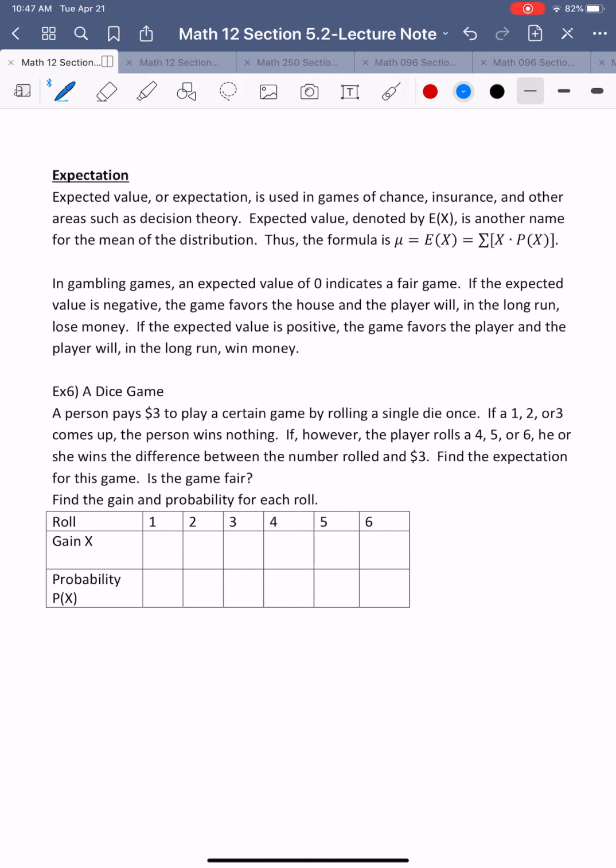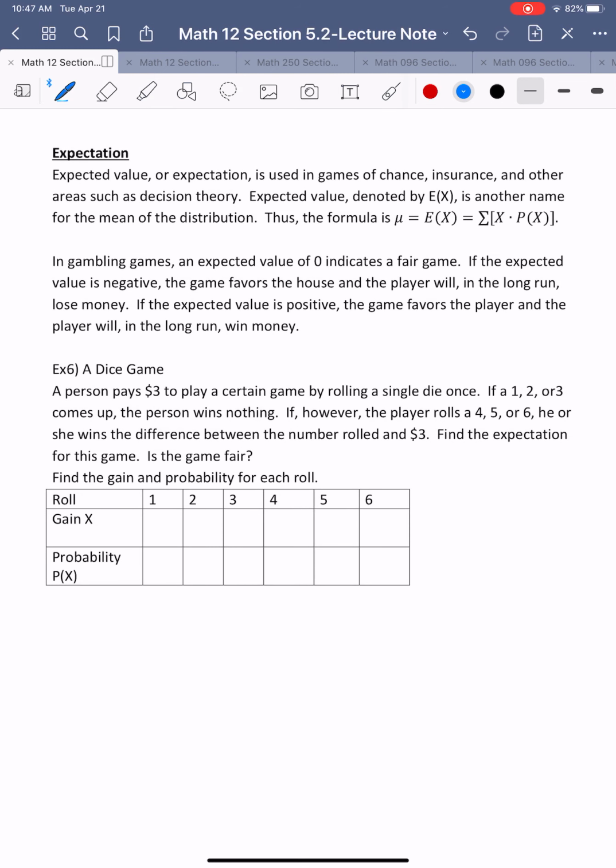So, dice game. A person pays $3 to play a certain game of rolling a single die once. If 1, 2, or 3 comes up, then the person wins nothing, which is actually losing money, right? So if the roll comes out as 1, 2, 3, the player loses $3.